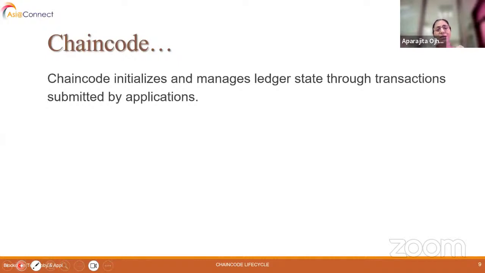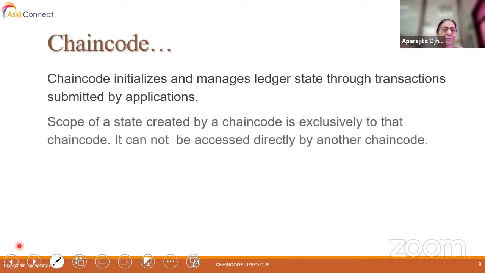Chain code initializes and manages ledger state through transactions. You know that every ledger state will be changed if the transaction is completed successfully and some change has occurred in the state. So remember that the scope of a change in a state by chain code is exclusively to that chain code.